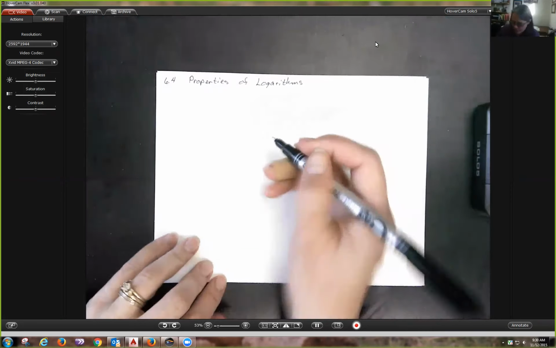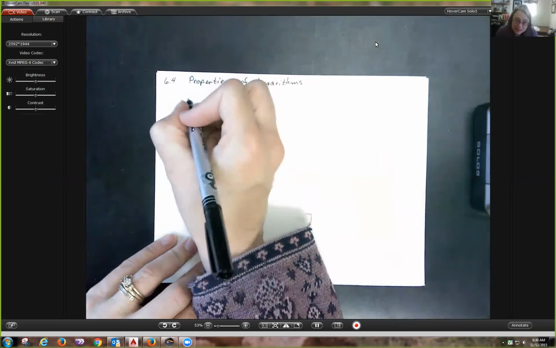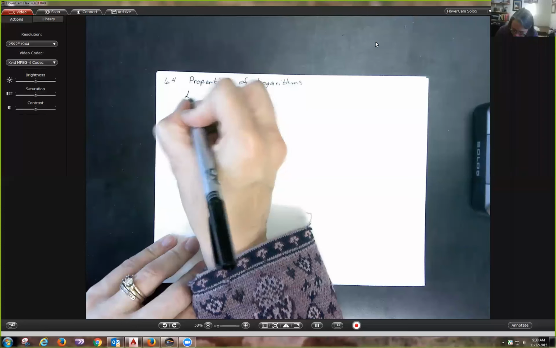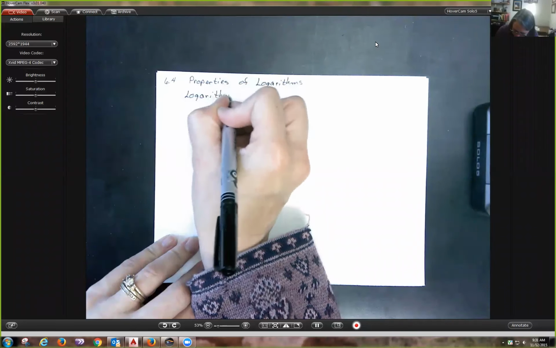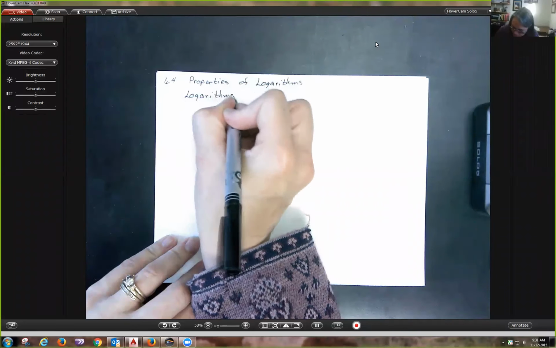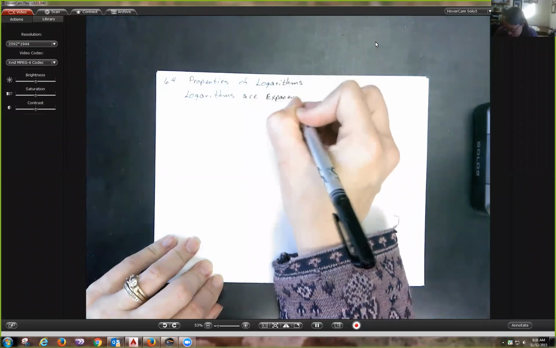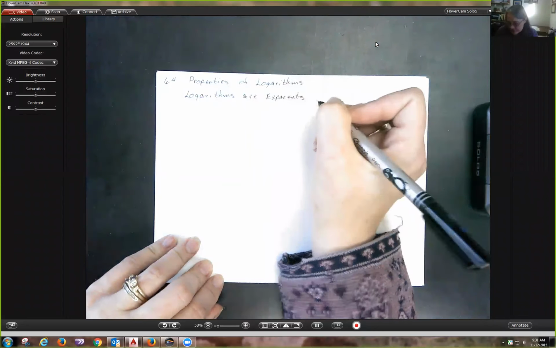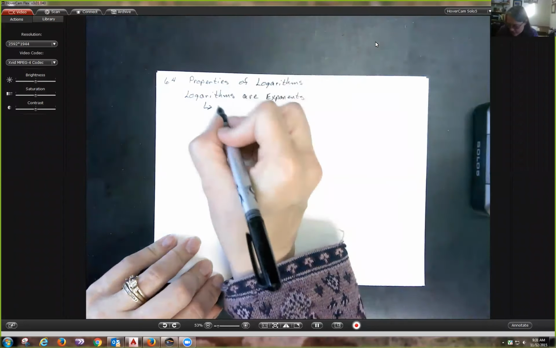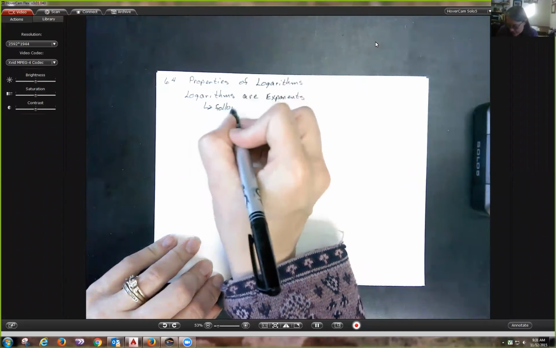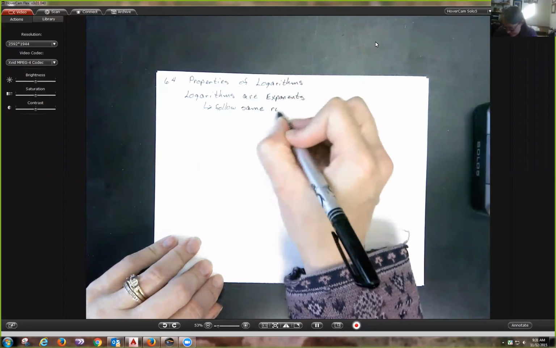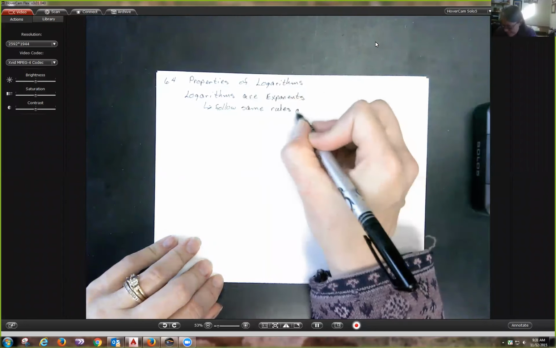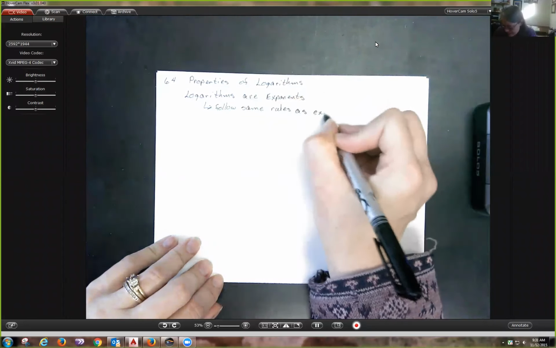So remember what we said in the last section, that logarithms are exponents, so it follows to reason that logarithms will follow the same rules as exponents.